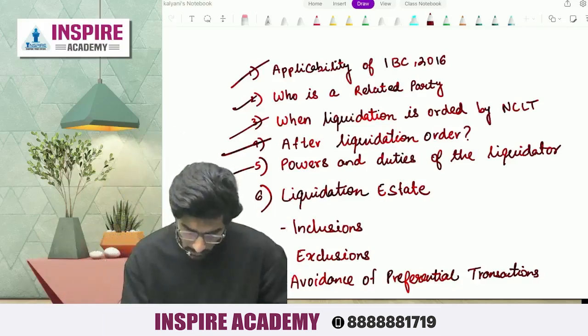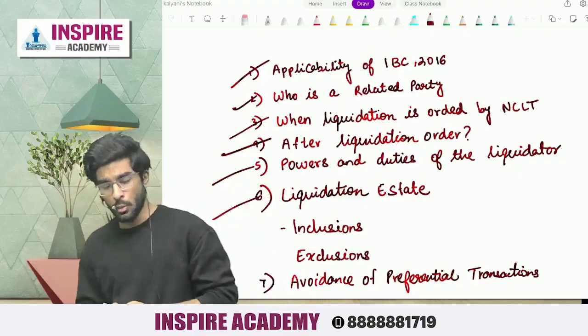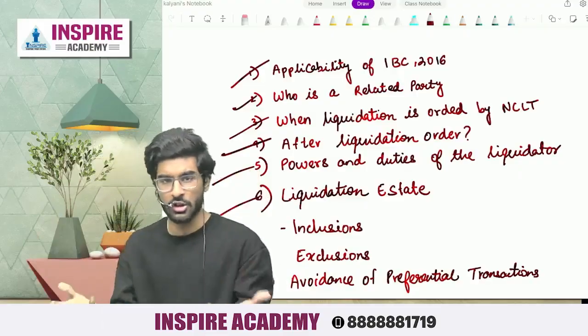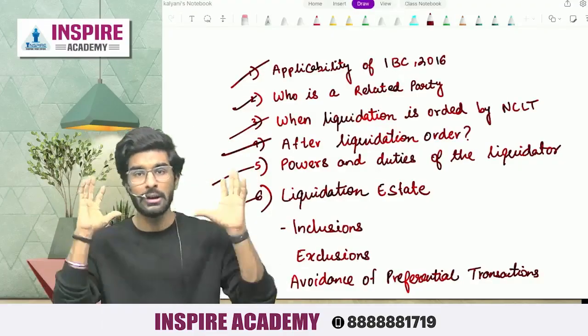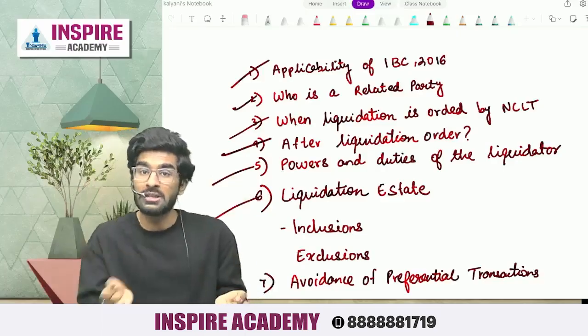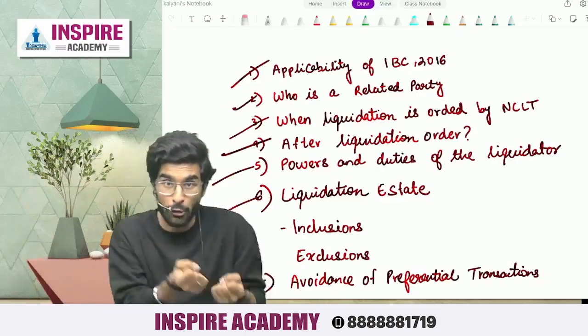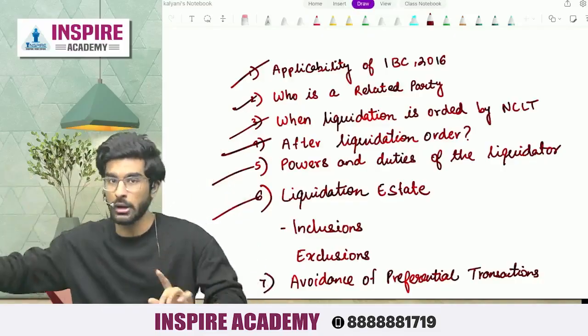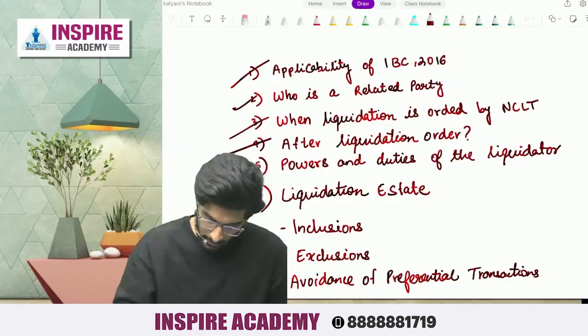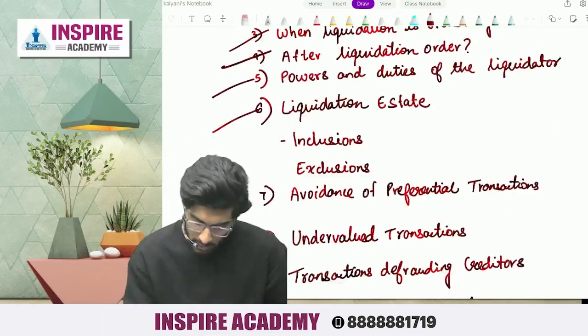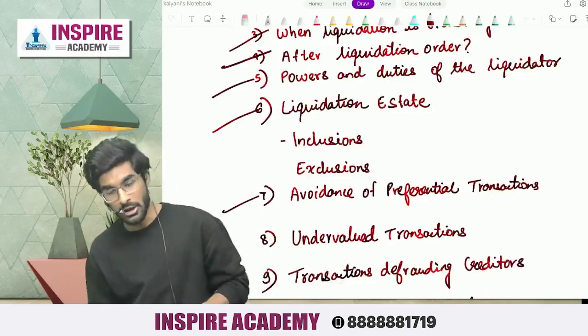Perfect. Then we understood that once NCLT has instructed the company to get liquidated, now you have to sell the assets. To sell the assets, what all assets will be included and what all assets will be excluded. Then we understood avoidance of preferential transaction.